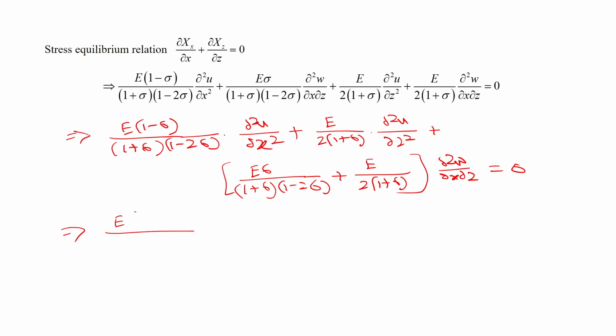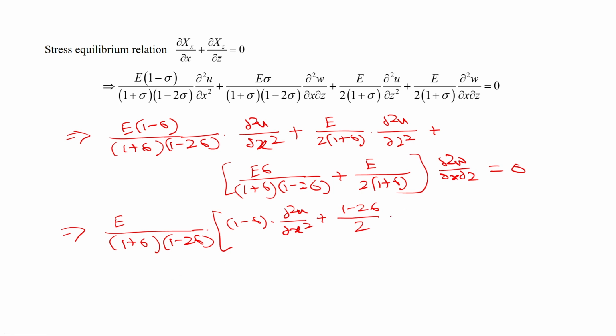So let us say it is E into 1 minus sigma by 1 plus sigma into 1 minus 2 sigma. Let us take it outside. So then it is 1 minus sigma here into del square u by del x square and then plus 1 minus 2 sigma by 2, because I have taken E by 1 plus sigma outside.